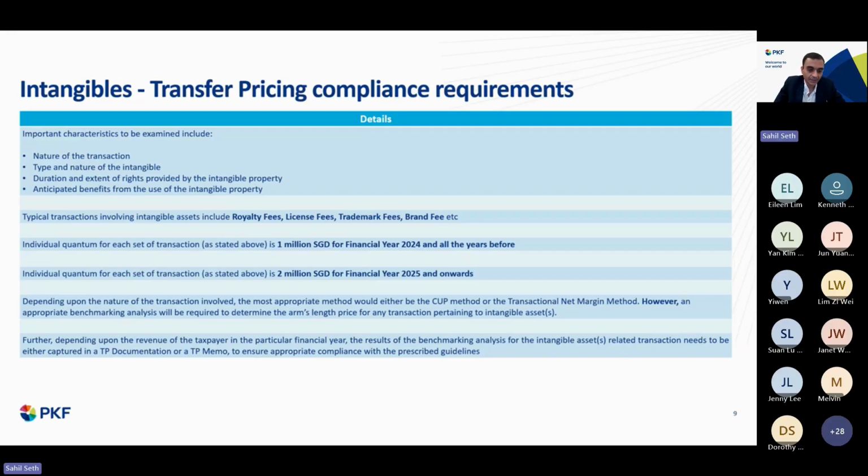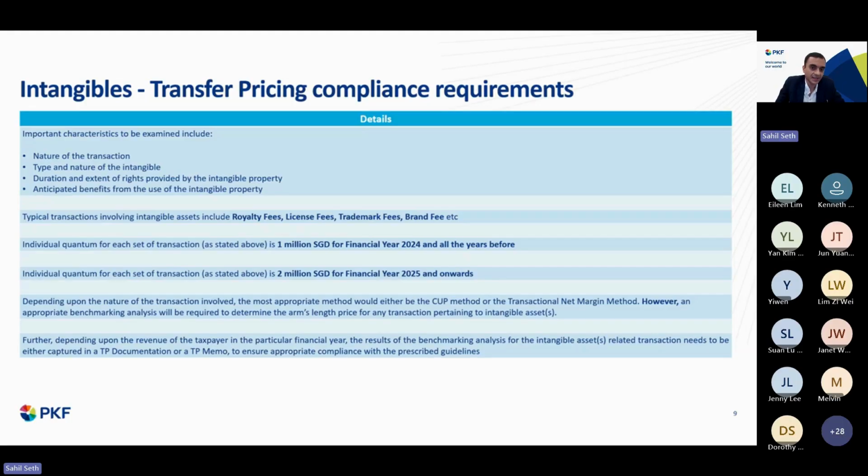And depending upon the revenue of the company, if it's more than 10 million or less than 10 million, but if the transaction values are exceeding the thresholds which we have just mentioned, the analysis will have to be captured in a full documentation or a memorandum or a memo to ensure appropriate compliance, because the analysis and the documentation along with the agreement forms a defensible position before the tax authorities, that for an intangible kind of transaction, these are the elements and these are the analysis involved, and these are the supporting documents to support and validate the chosen interest rate for loans, or chosen royalty fee rate or license fee rate or trademark fee rate for an intangible.